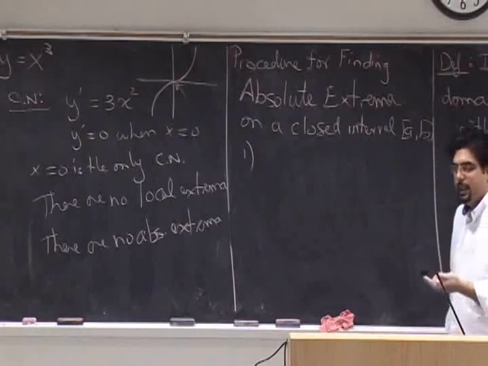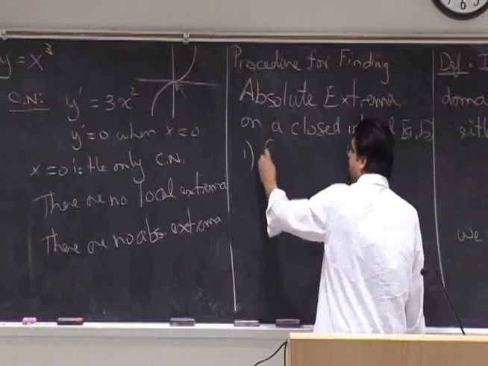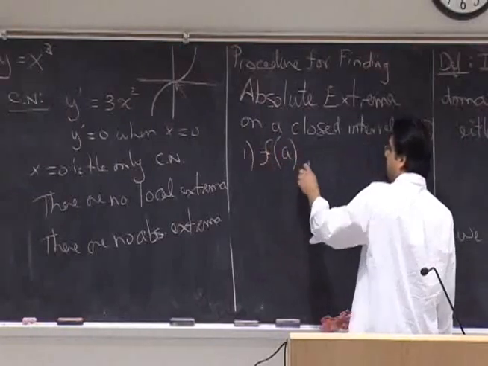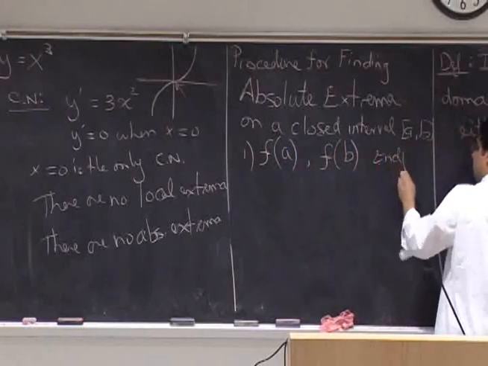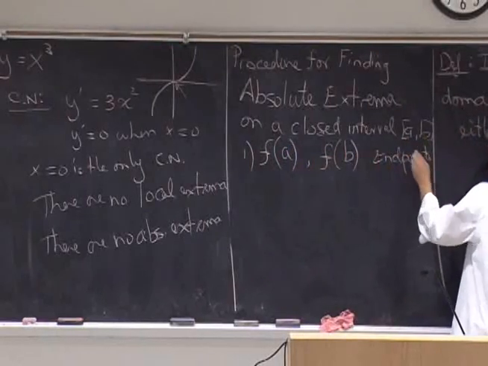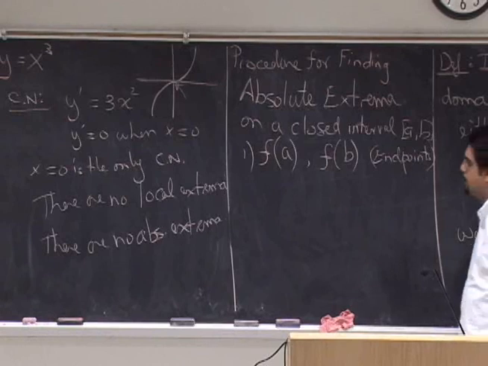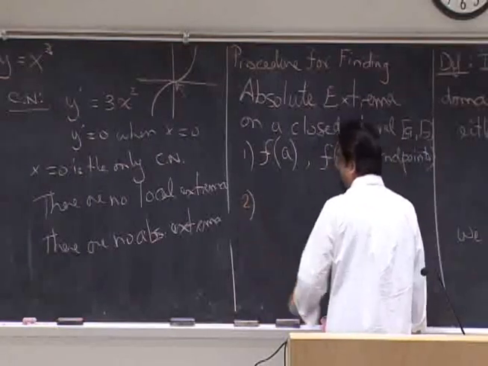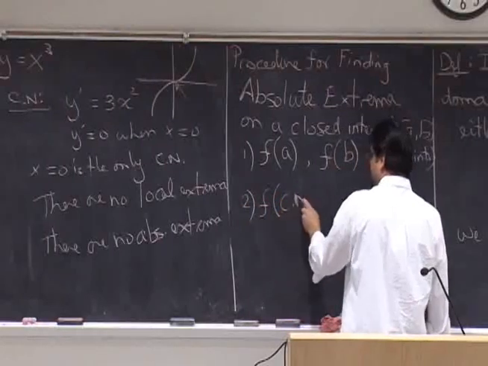Well, the argument I made earlier can now be formalized. At first, I will evaluate the function at the endpoints. Okay? Record the values. Then, I will evaluate the function at the critical numbers.